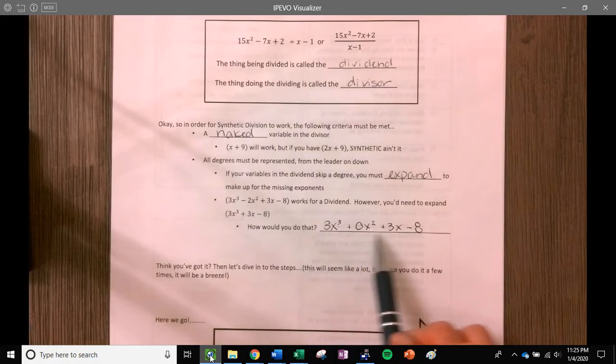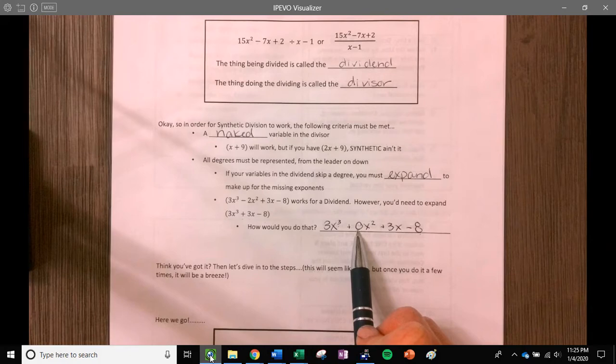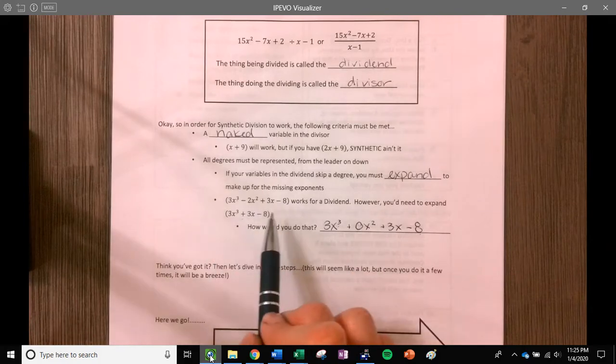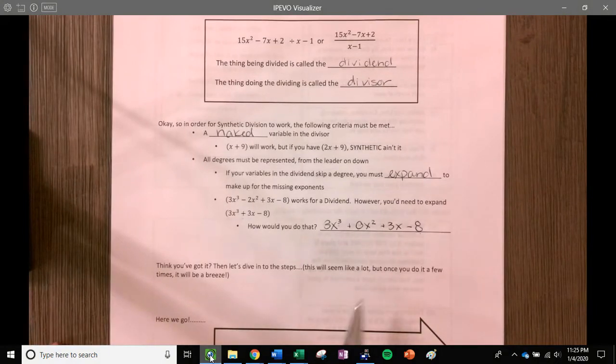We're just expanding it out so that all degrees are represented. Doing so with a 0 makes sure that we're not interrupting the balance of this expression, right? We're not adding any value to it or taking any value away. We're just filling in the degree, and it will later be removed by the magic of division, as you will see. All right?